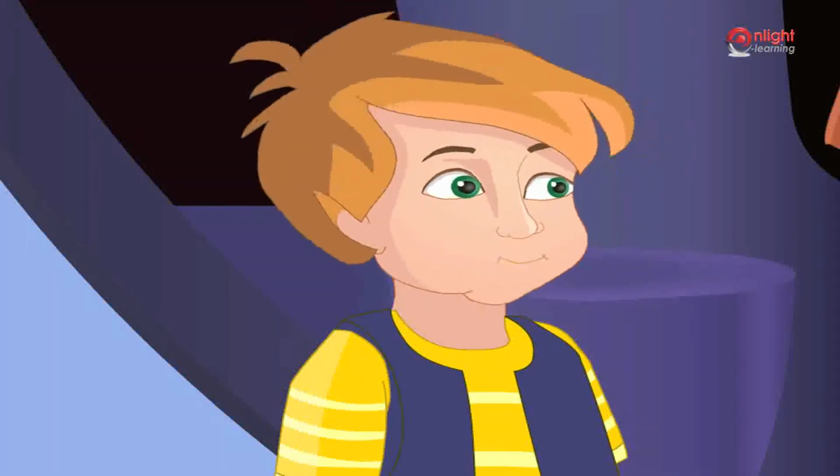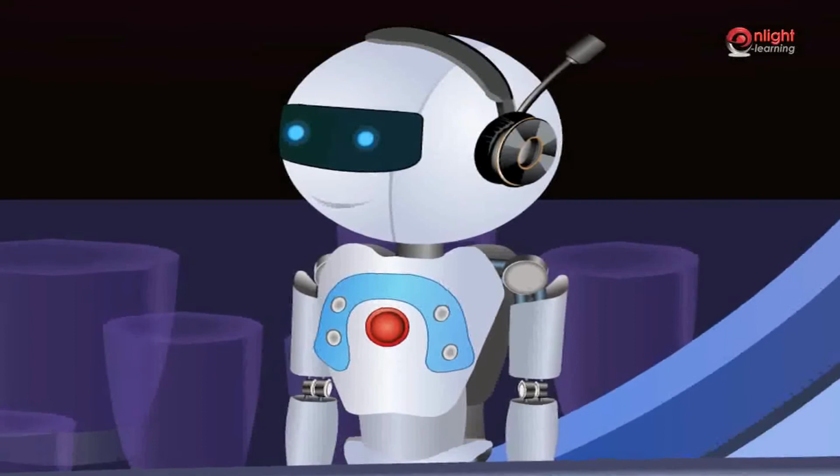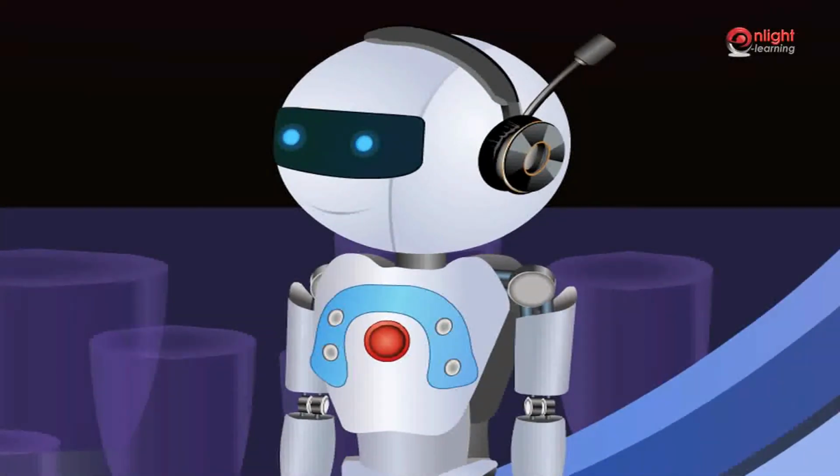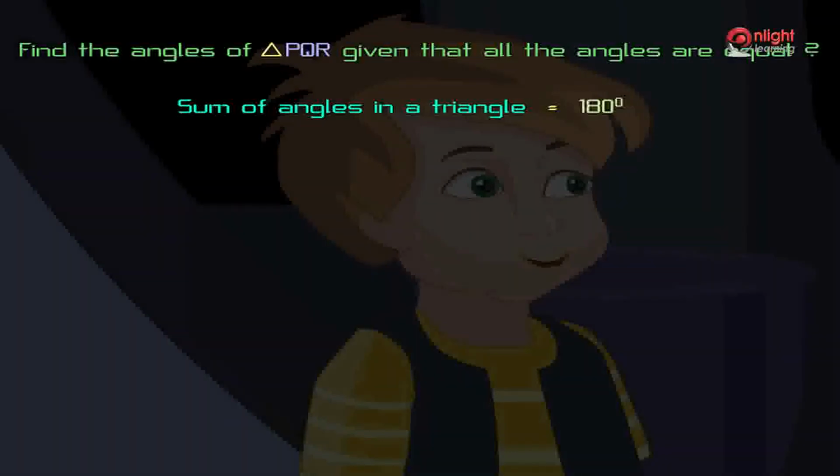Akash, can you find the angles of a triangle PQR given that all the angles are equal? The sum of the angles in a triangle is equal to 180 degrees. Hence, sum of angles P, Q and R is equal to 180 degrees.